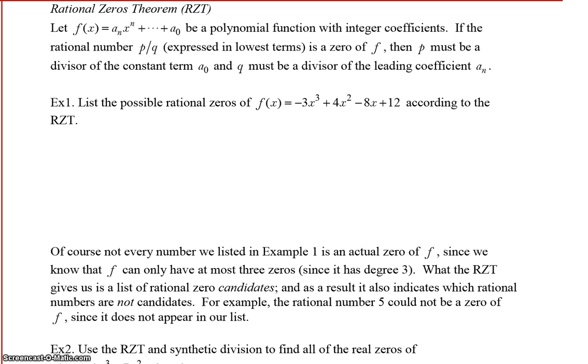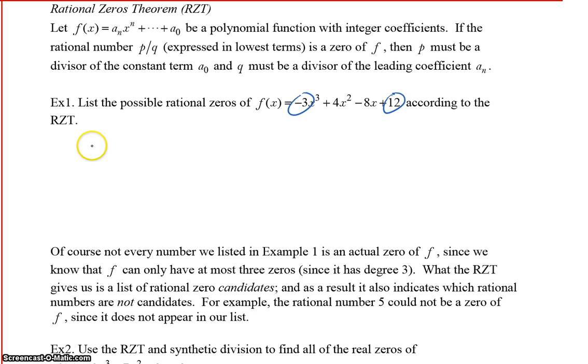In this polynomial, the constant term is 12. And the q's must be divisors of the leading coefficient, which is -3. Usually we see the leading coefficient written with the first term, assuming that the powers of x are in descending order, which is typically the case.